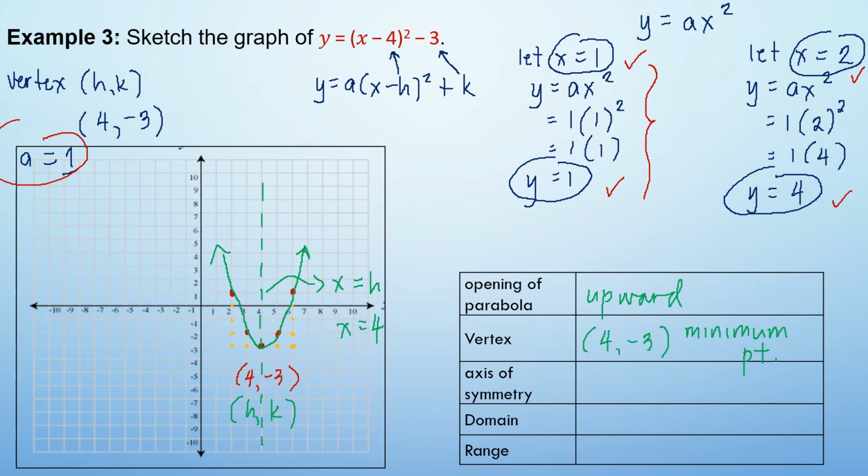So the axis of symmetry, we have x is equal to 4. The domain is the set of all real numbers. And the range is the set of all y's such that y is greater than or equal to the value of k, which is -3.